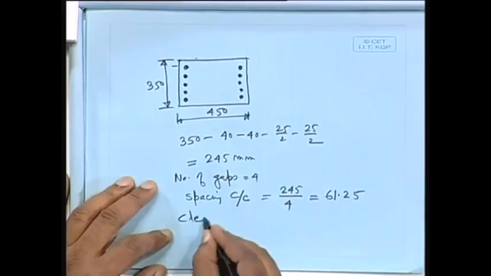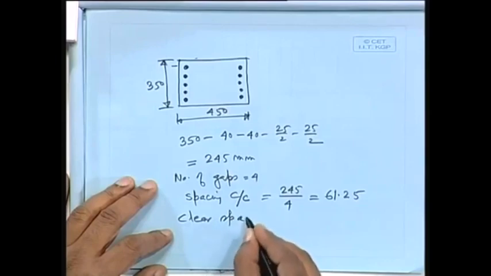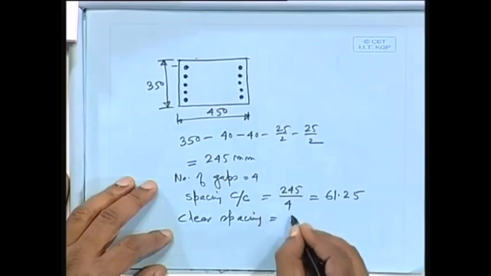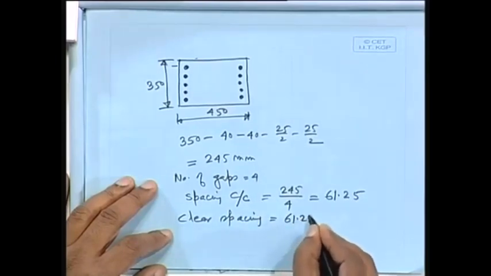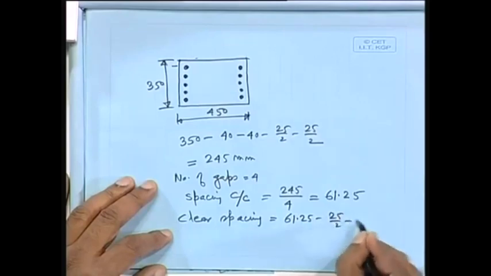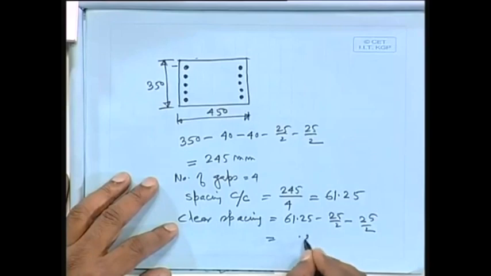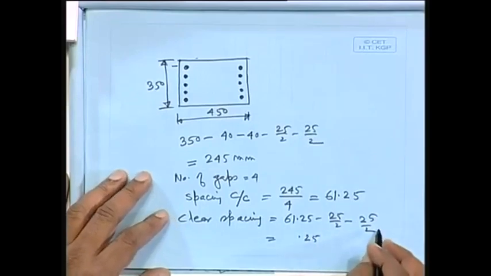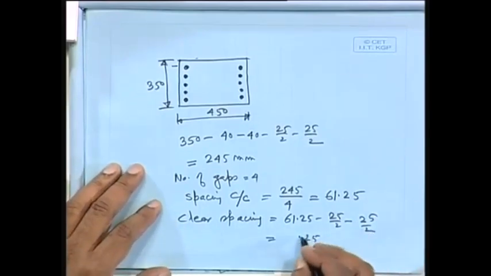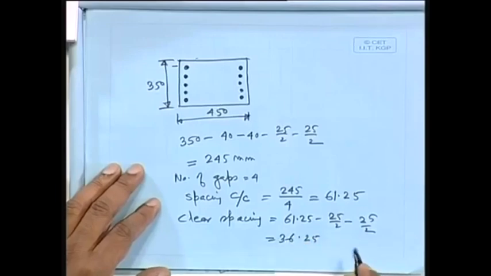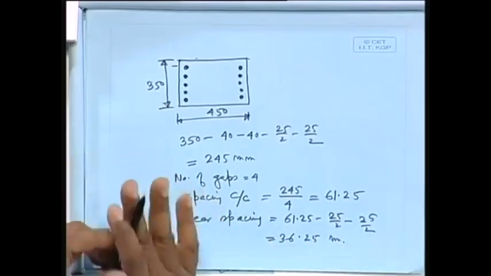Clear spacing, so 61.25 minus 25 by 2 minus 25 by 2. So we shall get here 36.25, which is as per the code. Now it is not violated.